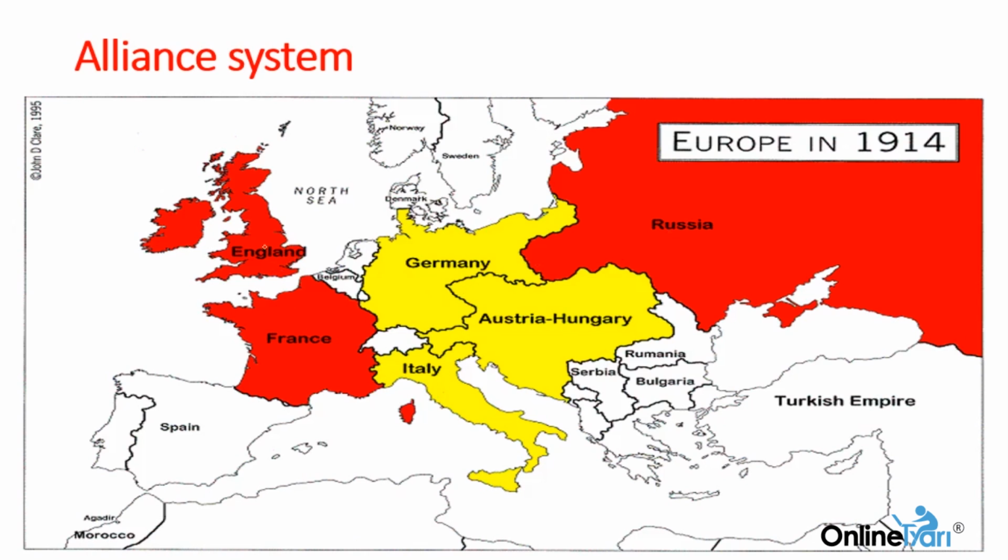So it was the Triple Entente, England, France, and Russia. And then there was the Triple Alliance between Germany, Austria-Hungary, and Italy. After that, other countries joined later, but the basic formation was England, France, and Russia on one side, and Germany, Austria-Hungary, and Italy on the other.